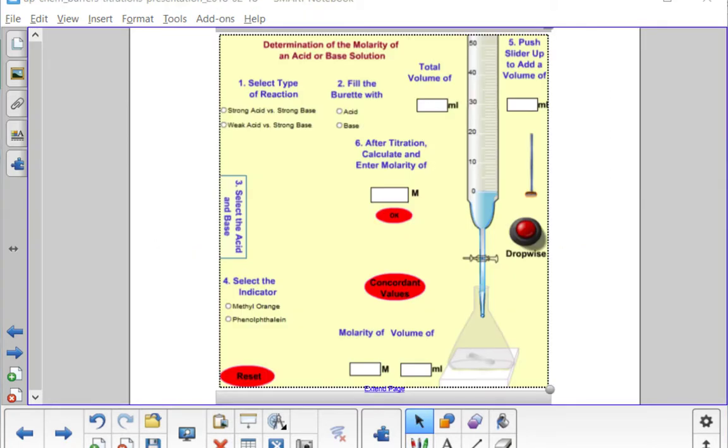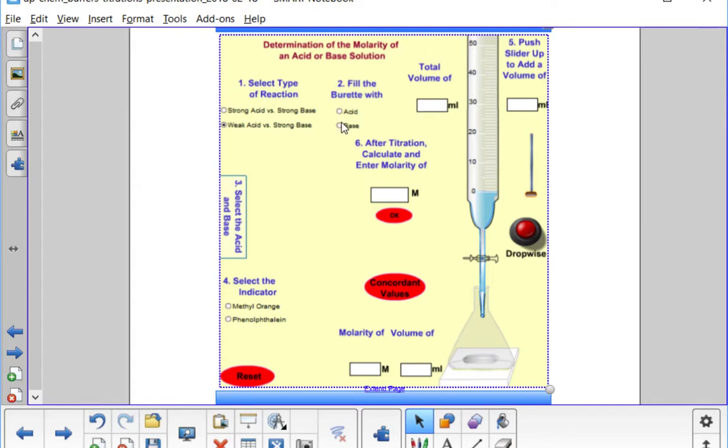This flash animation is one that you can use to play around to determine the molarity of an acid-base solution. So you can choose either strong acid, strong base titration. You can choose weak acid or strong base titration. You can choose to fill the burette with a known acid or a known base.